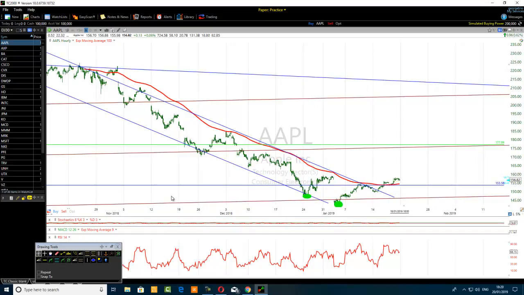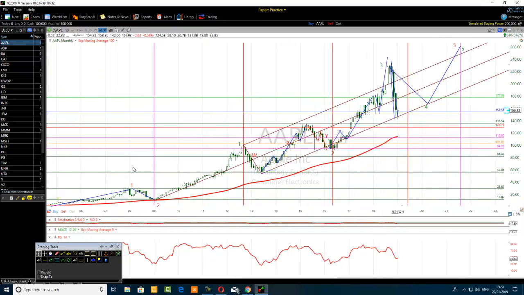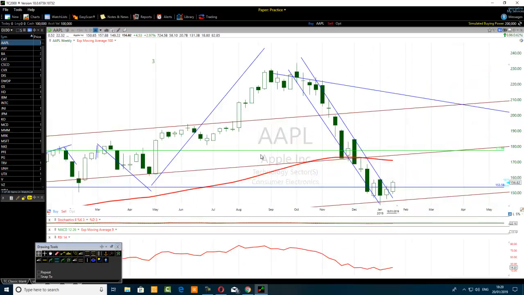So we see an Elliott wave forecast confirmation on a monthly chart. Another way to play, so you say, George, I can't wait till the end of January. So you have to go to the next lower time frame, weekly chart. So you see on the weekly chart, you see, that's it. The candlestick is broken. So on the weekly chart, you say you found a support.